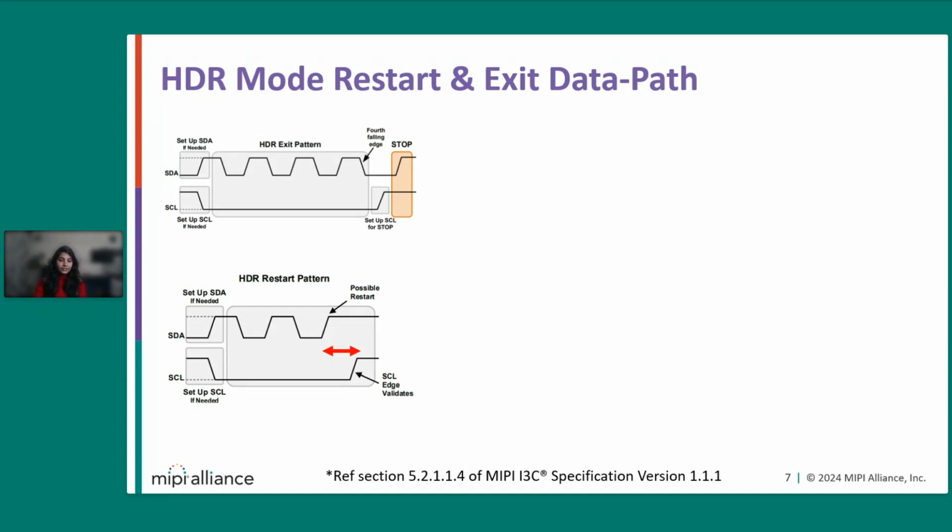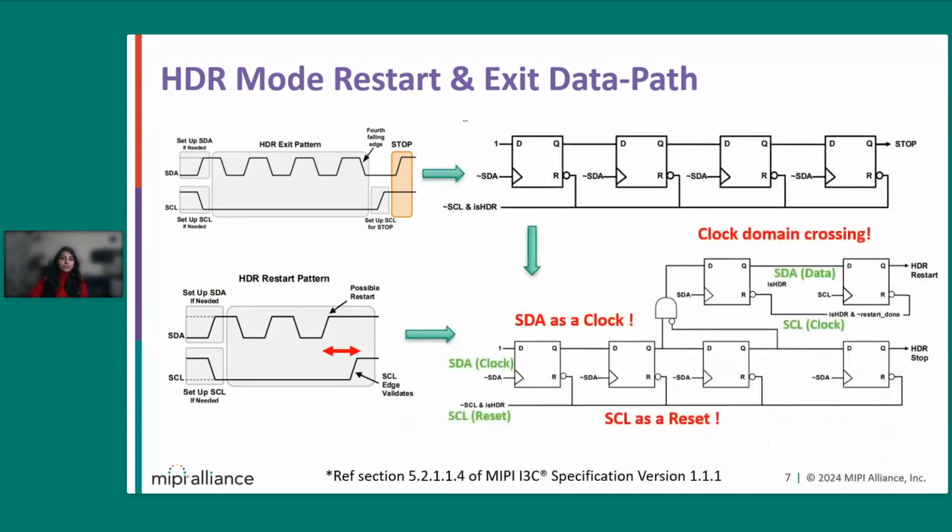On the implementation side, when we try to implement the HDR exit pattern and restart pattern, the basic model is that SCL is low. So when SCL is low, SCL high will reset the detector, and it only uses the falling edge of SDA.